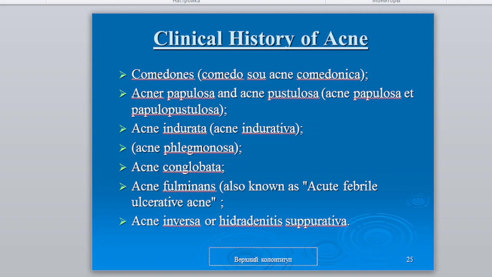Acne indurata, acne indurativa. 4. Acne phlegmonosa. 5. Acne conglobata. 6. Acne fulminans, also known as acute febrile ulcerative acne. 7. Acne inversa or hidradenitis suppurativa.